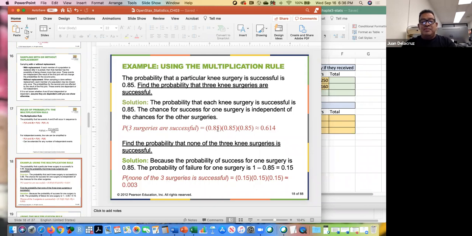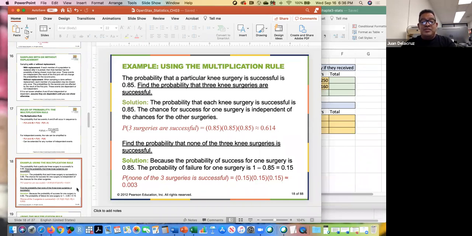If this is the probability of success, by definition of the complement we use 1 minus 0.85 to find the probability of failure. If we multiply the probability of failure for the 3 surgeries, we have 0.3%.